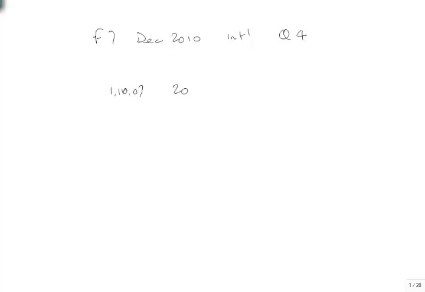The depreciation to 08 would be 20 divided by 5 years. The depreciation to 09 is going to be a further 4. So the book value at the start of this year is going to be 12.